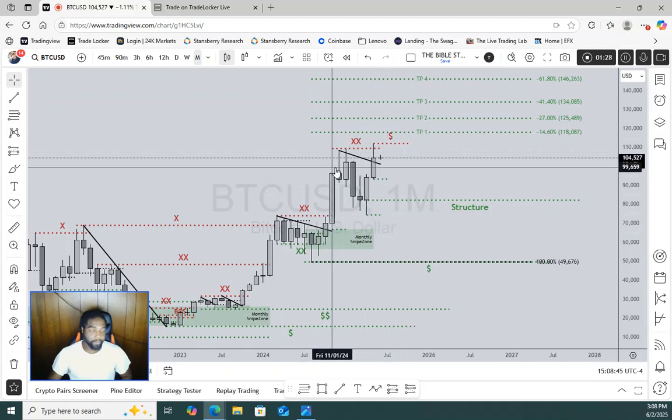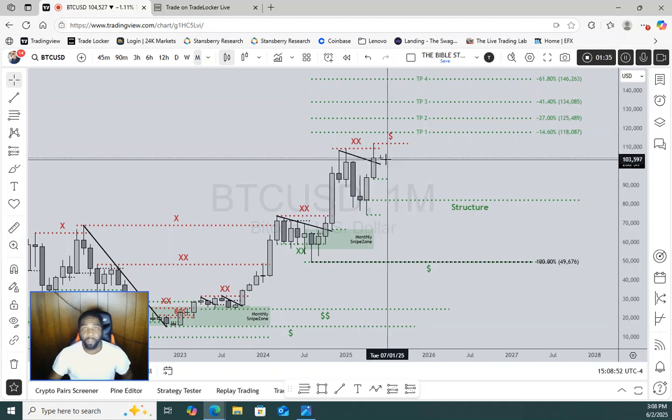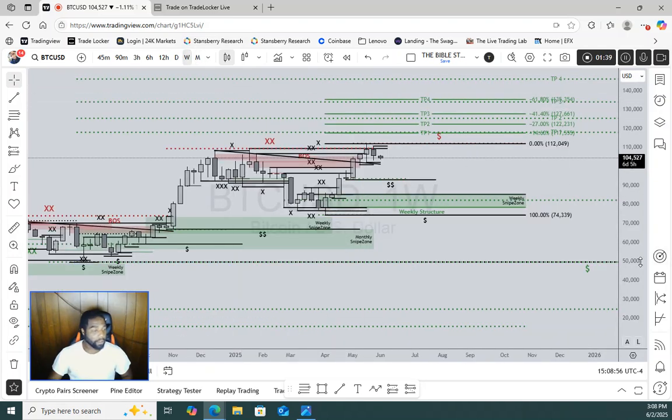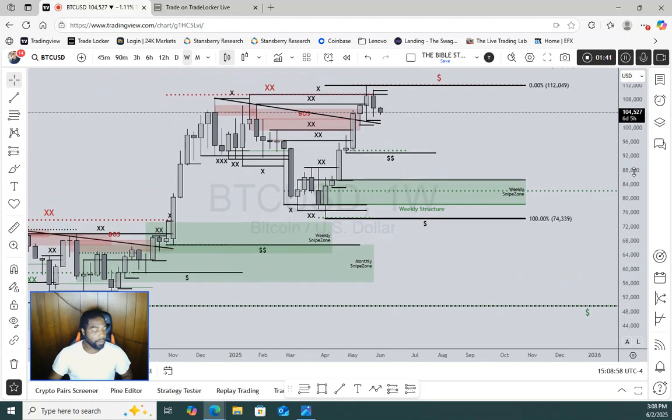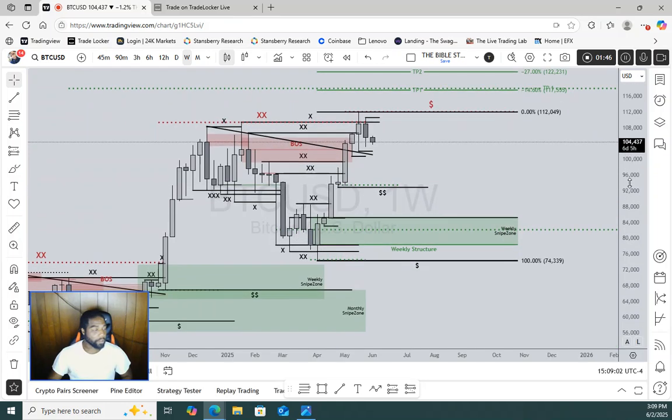And in order to know what price is doing right now inside of this monthly price action, scale down to the weekly. It's all about price action and market structure.